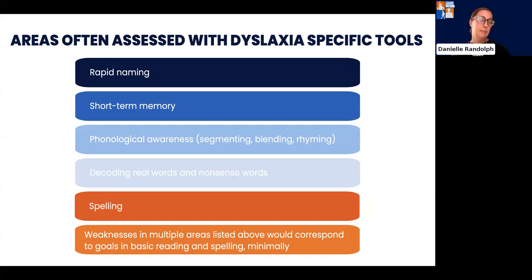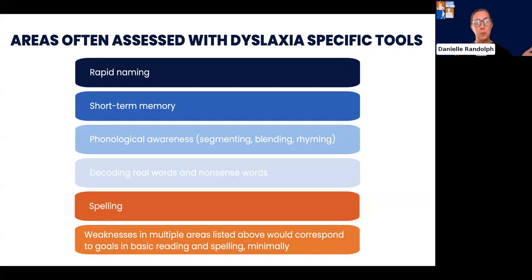Short-term memory is, in my opinion, sort of surprising, but there is a correlation between short-term memory and dyslexia. It's just the different parts of the brain that are impacted by dyslexia that we see correspond to some difficulty with short-term memory. Phonological awareness is one that we would expect, and that's looking at segmenting, blending, and rhyming.